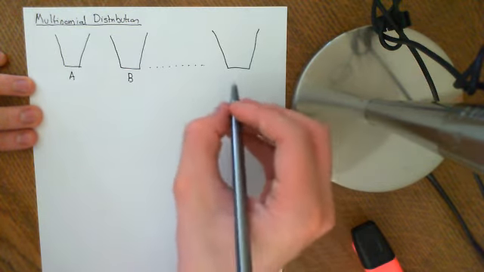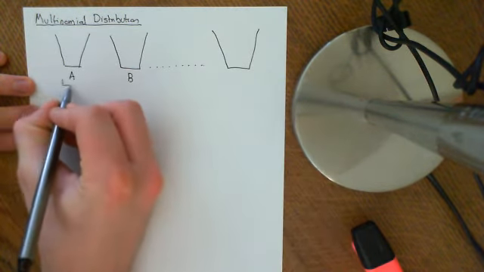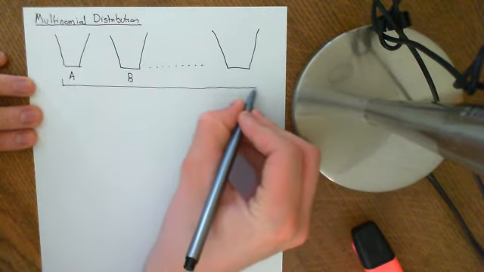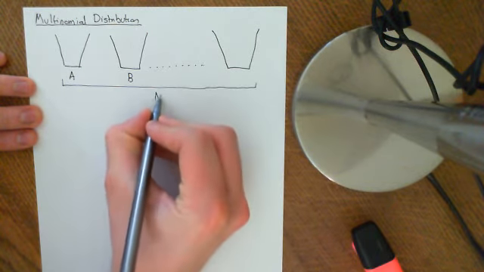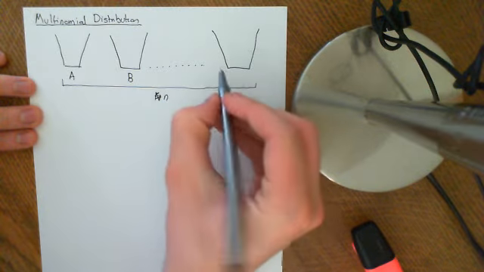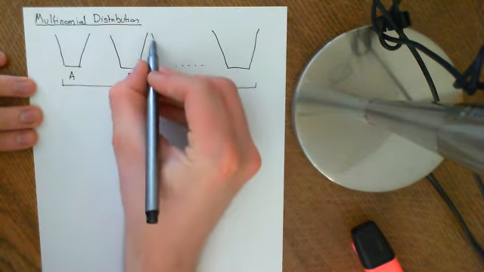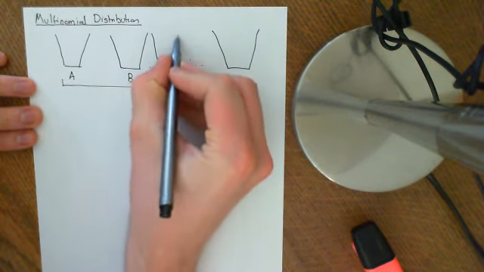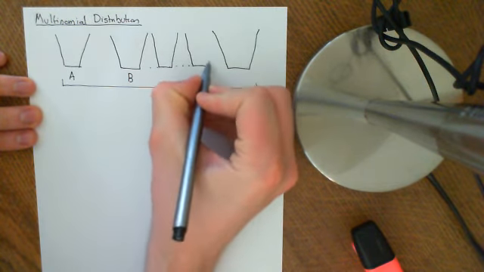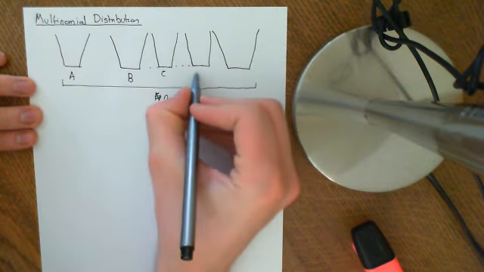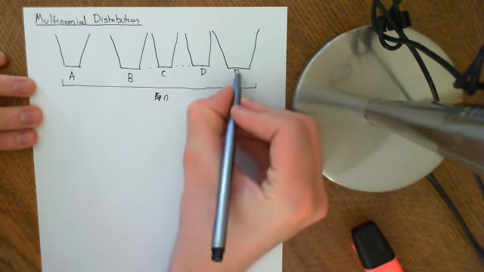In fact, we won't make it concrete. We'll say that we have little n baskets, which is more conventional, but just so that we can complete the picture, we'll say that we have 5 baskets. So we have A, B, C, D, and basket E over here.